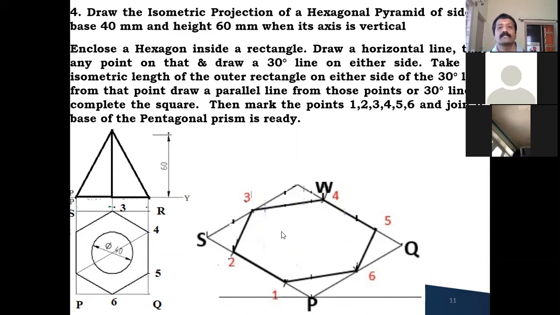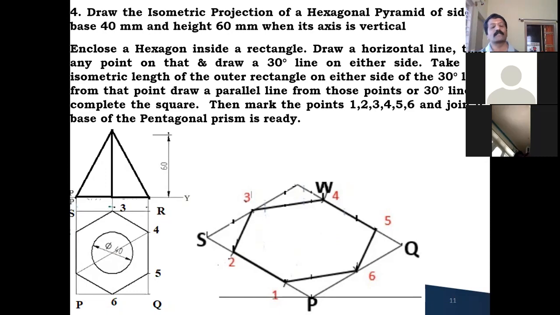After this, we need to identify these hexagon points. So what to do for this? First you take the distances P to 1, S to 2, R to 4 and Q to 5. All the 4 distances are same.